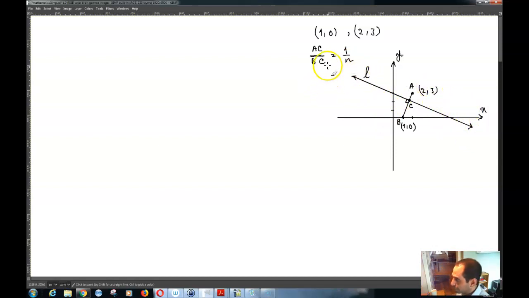So to find the equation of the line L, we can use y minus y1 is equal to m times x minus x1. So over here we need the slope of the line, and we need some point, for example x1, y1.